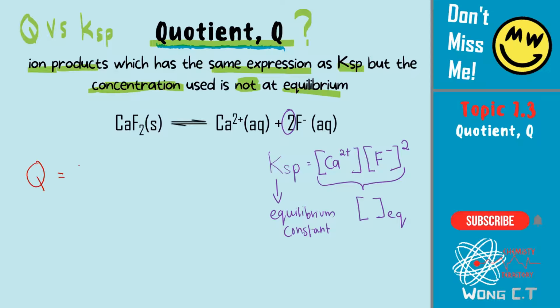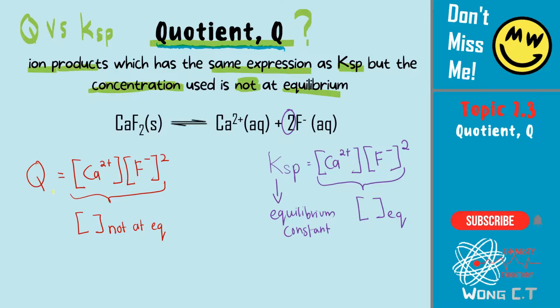But how about your Q? Your Q over here will have the same expression. In other words, your Q will have the same formula as your KSP. But what makes it different over here is that the concentration that you put in is not at equilibrium. It's a concentration that we don't know whether we have achieved equilibrium or not.